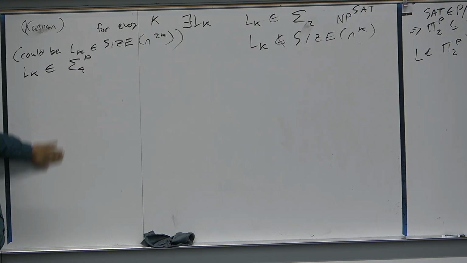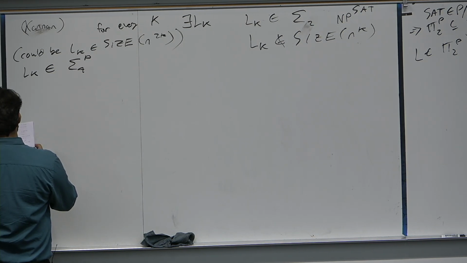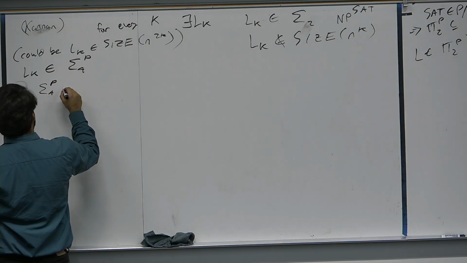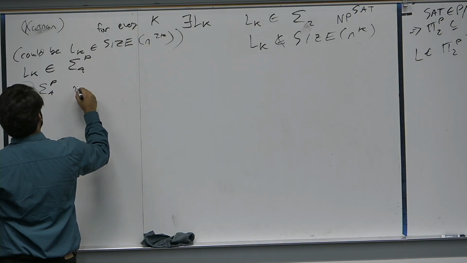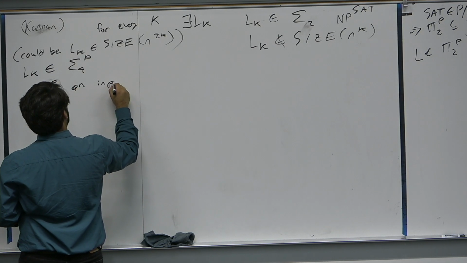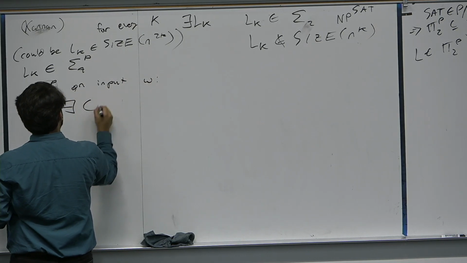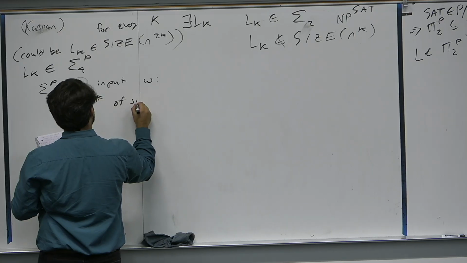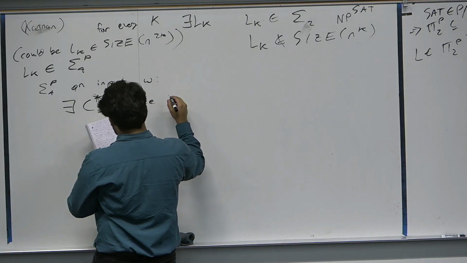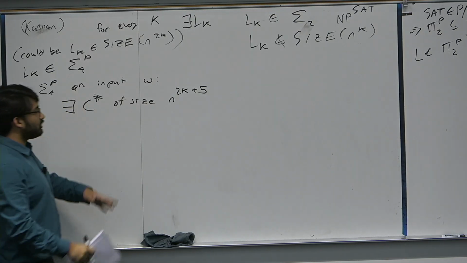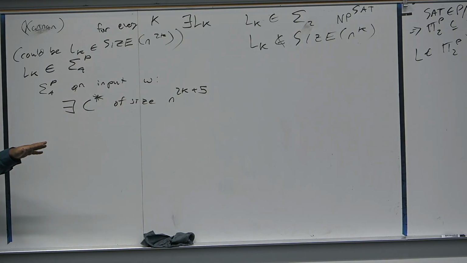So the sigma 4 machine is going to behave as follows. On input W, first it's going to guess a circuit, C star, of size n to the 2k plus 5, which he earlier proves is big enough for this to work out.